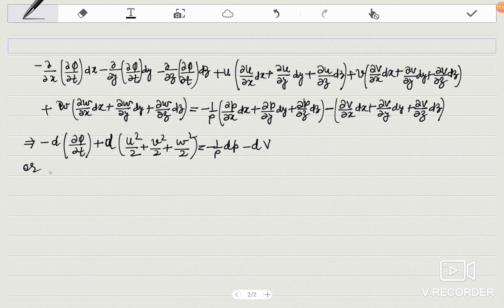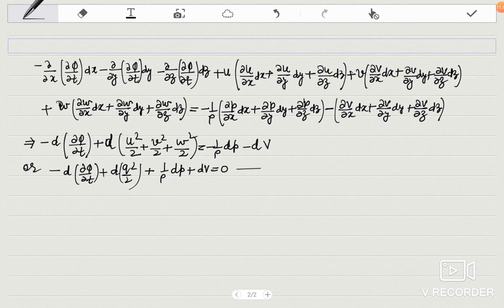Or minus dφ/δt plus d of, I may write it as q²/2 plus 1/ρ dp plus dv is equal to 0. Now I will integrate it along a path.